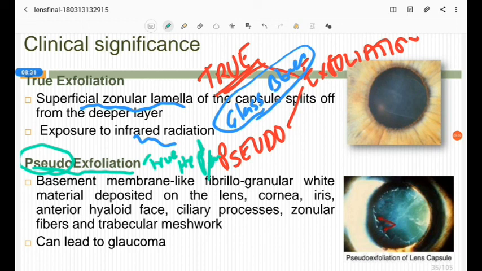Now this happens because of deposition of fibrillogranular white material that gets deposited on the entire structures in the eye, which includes the lens, the cornea, the iris, the anterior hyaloid face, the ciliary processes, the zonular fibers, and also the trabecular meshwork.